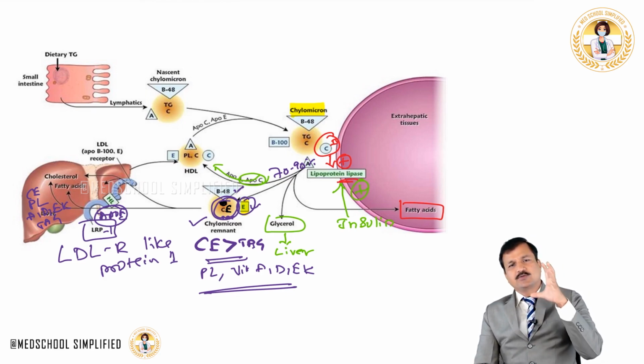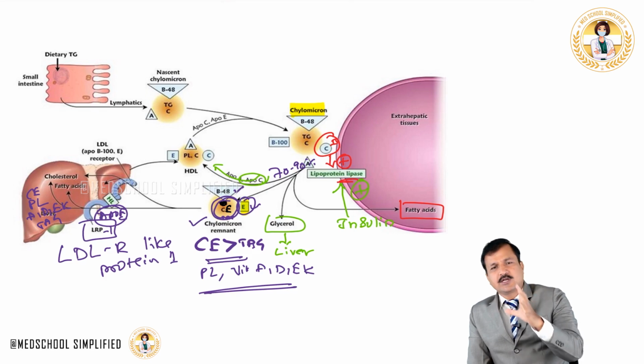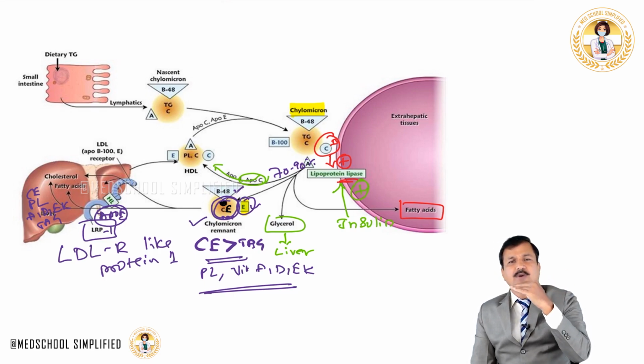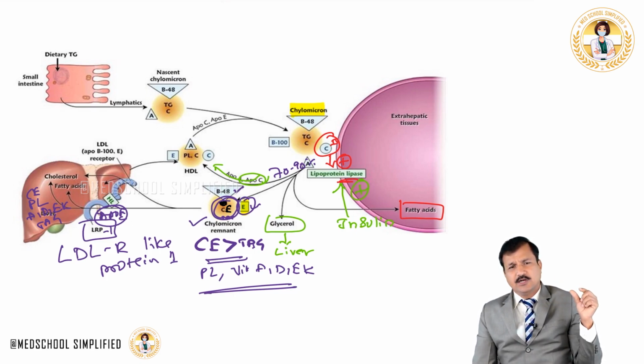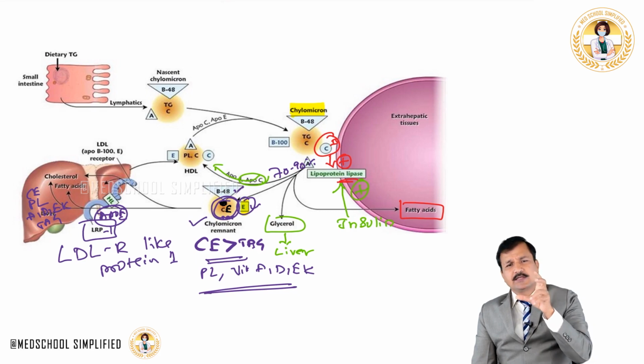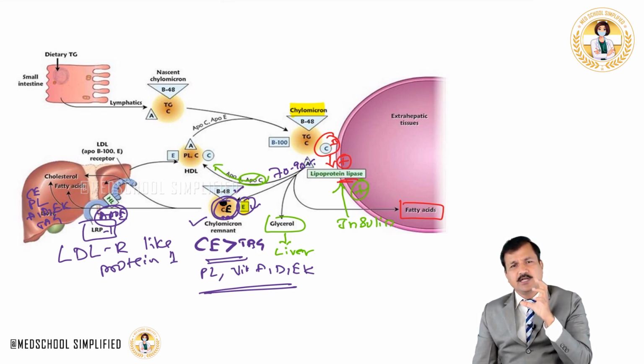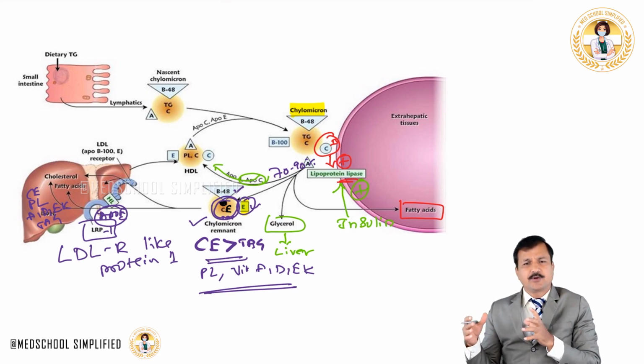So chylomicrons undergo metabolism in the circulation as they move from one organ to another in the bloodstream. Lipoprotein lipase degrades triacylglycerol into free fatty acid and glycerol. Free fatty acids are taken up by the extrahepatic tissues, and glycerol goes back to the liver. Like this, 70 to 90% of the triacylglycerol in the chylomicron is degraded by lipoprotein lipase.